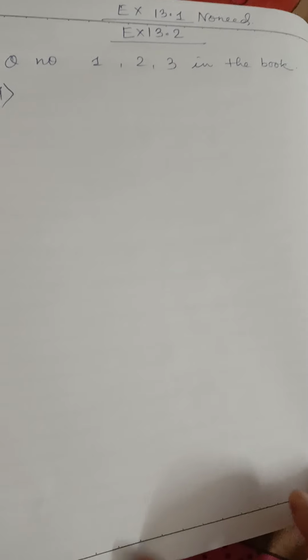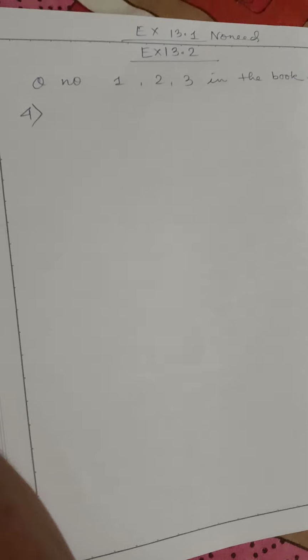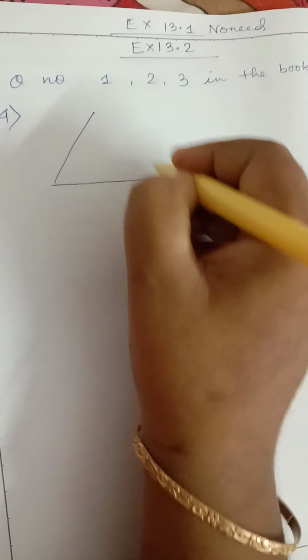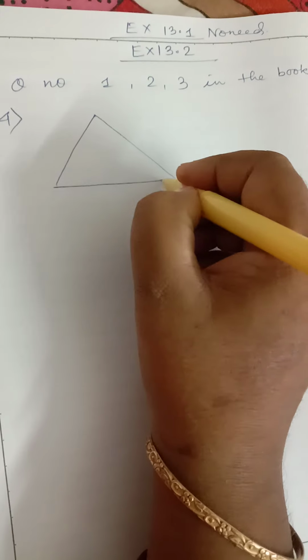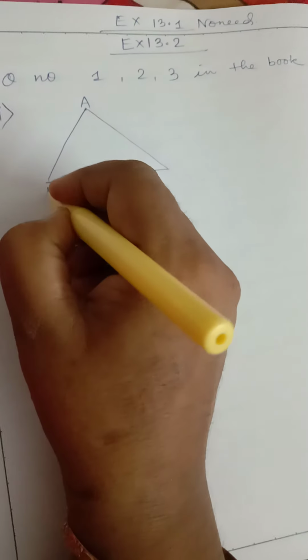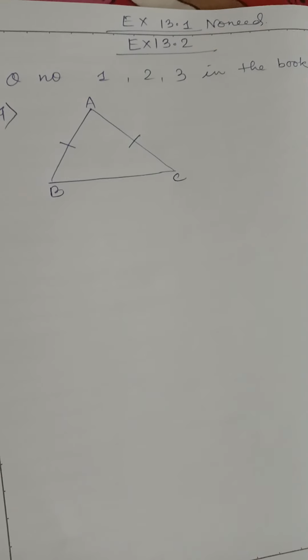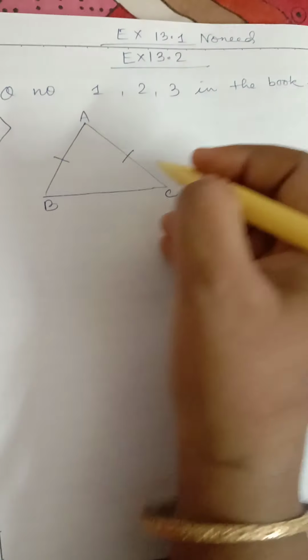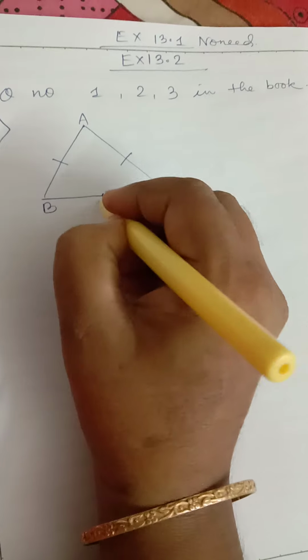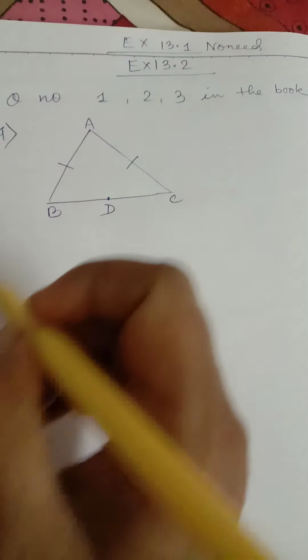Question number 4 says, ABC is an isosceles triangle in which AB is equal to AC. D is a midpoint of BC.